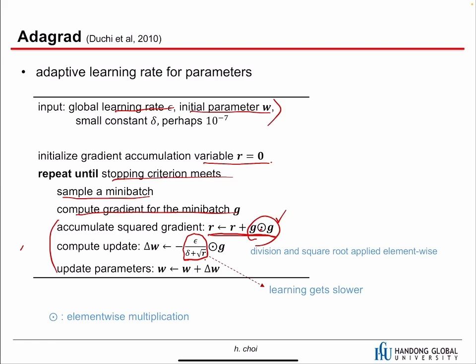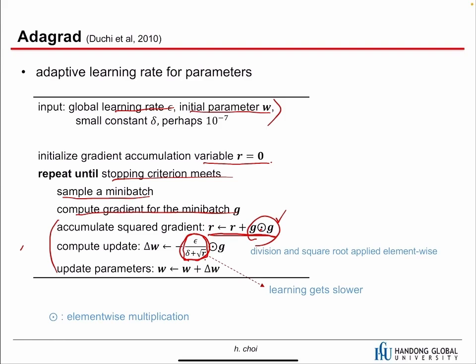Then the learning rate gets smaller, gradually it gets smaller and the learning gets slower. So that's what we want.